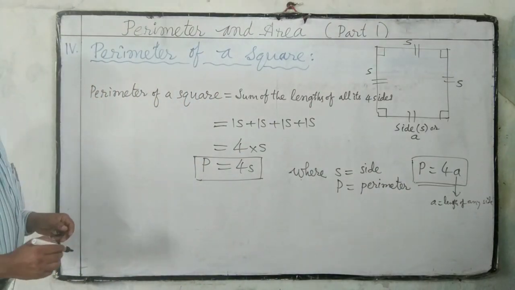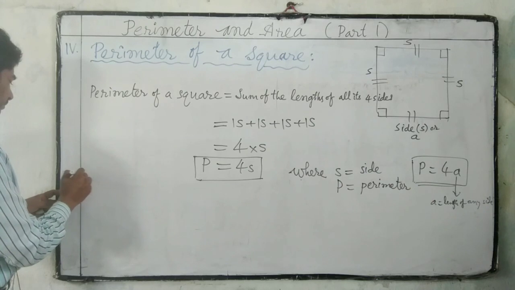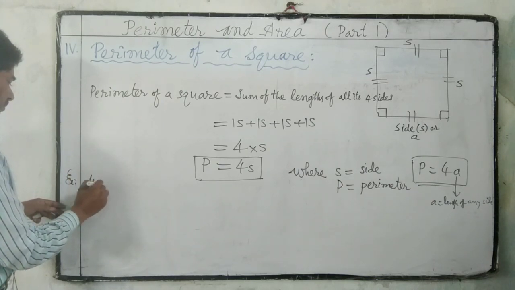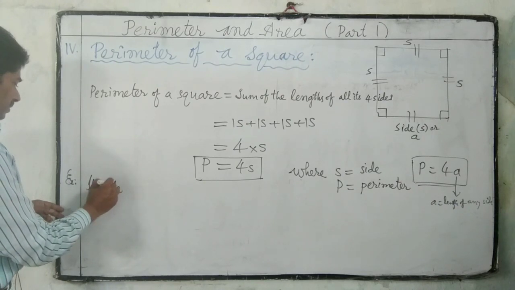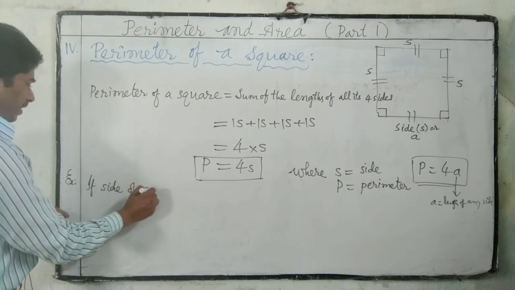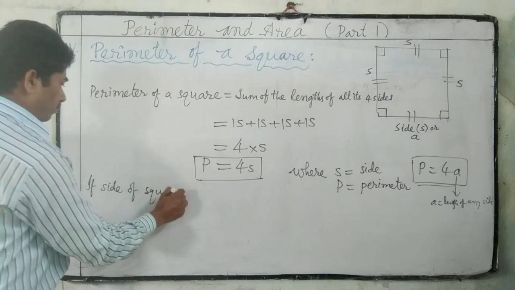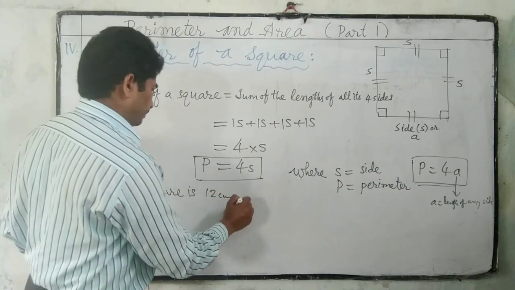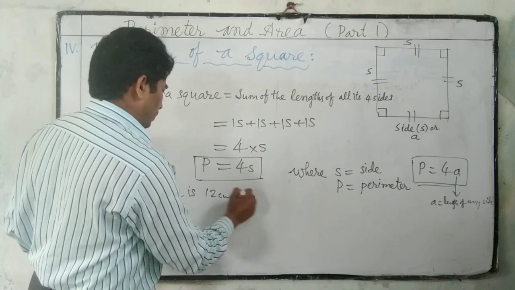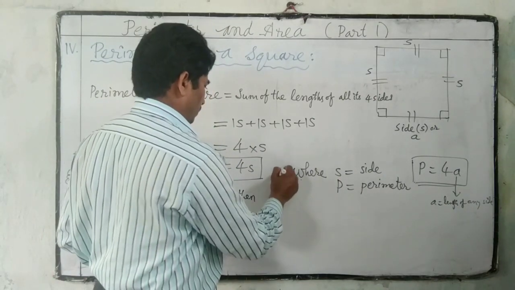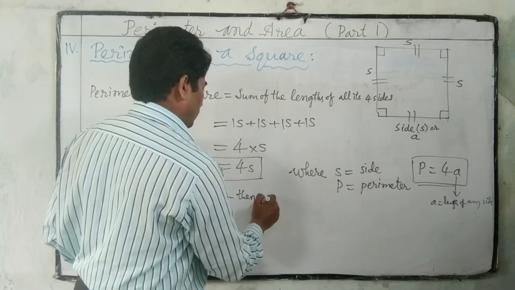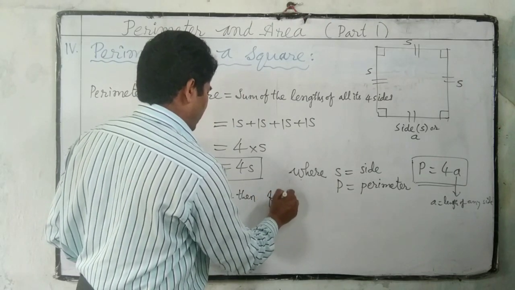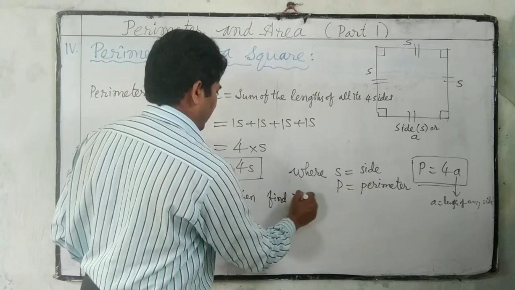Let us see an example. If a side of a square is 12 centimeters, then find its perimeter.